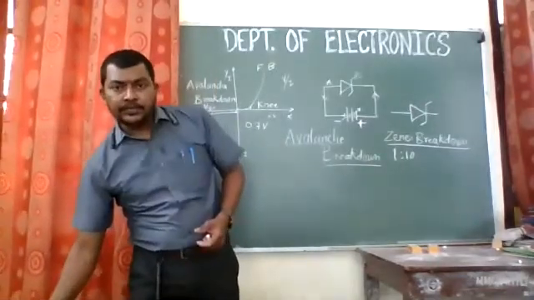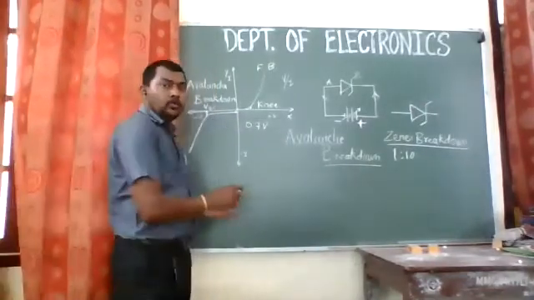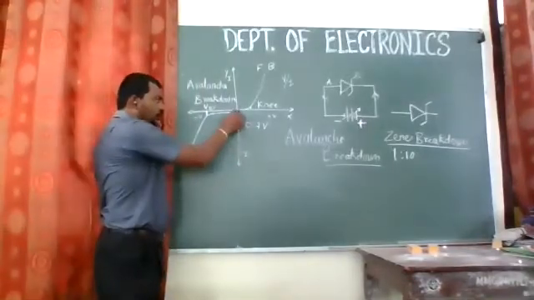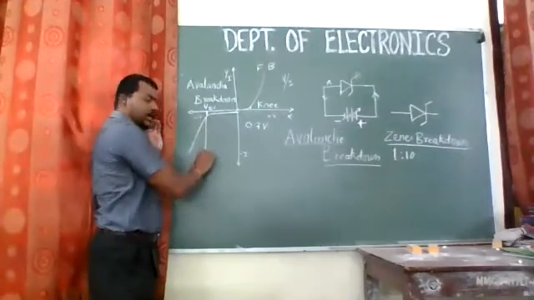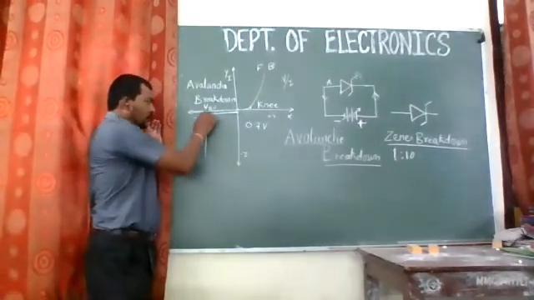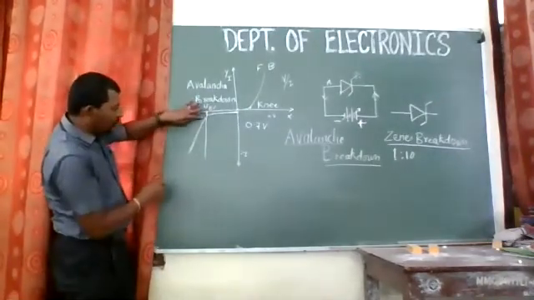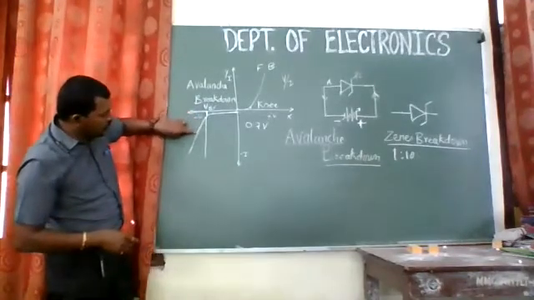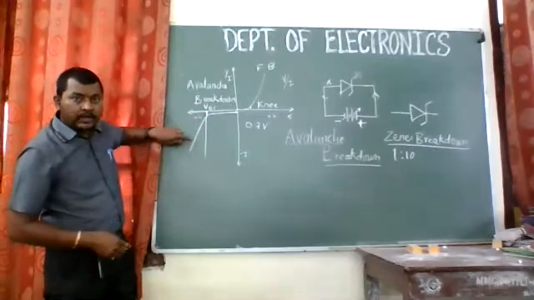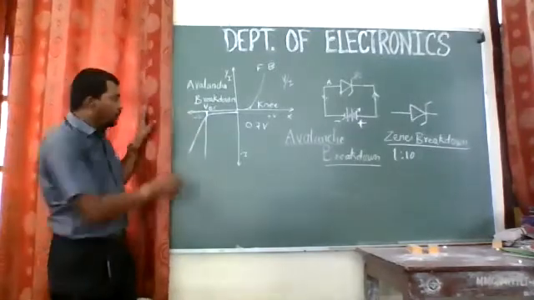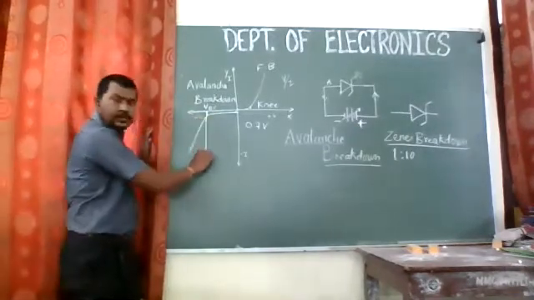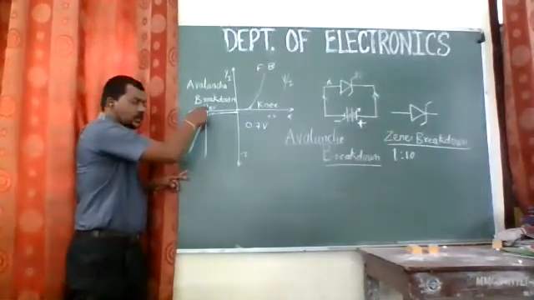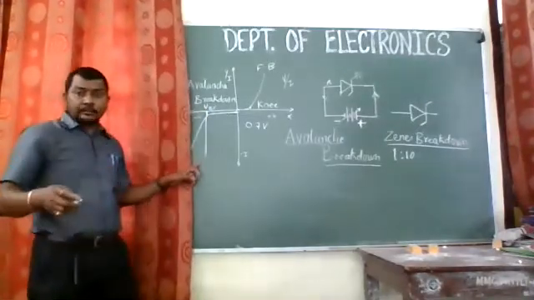As soon as we have a breakdown, we will have a steep breakdown like this, right? In avalanche breakdown, we had a simple, slow increase in the current, whereas in Zener breakdown, we have a sharp breakdown with constant voltage, and the current increases rapidly.